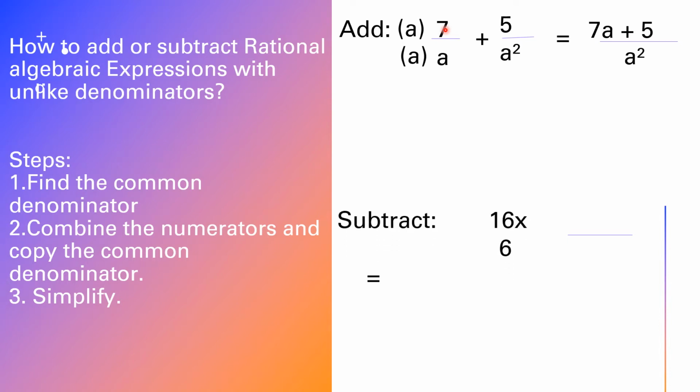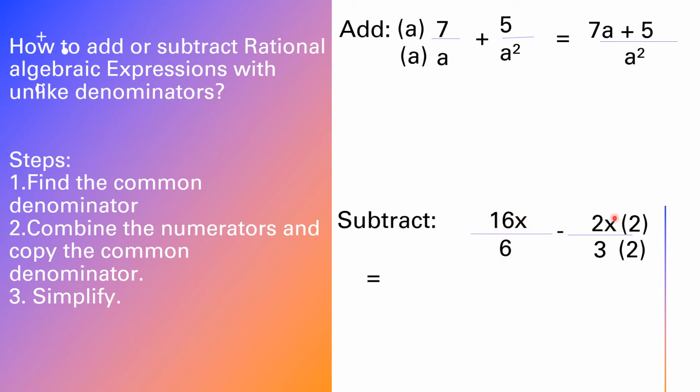Next, what about 16x divided by 6 minus 2x divided by 3? Now look at this. How can I make this equal? I can just multiply a number here to make it 6, and that is 2. So I'm going to multiply by 2. This one, 16x, I'm just going to copy.